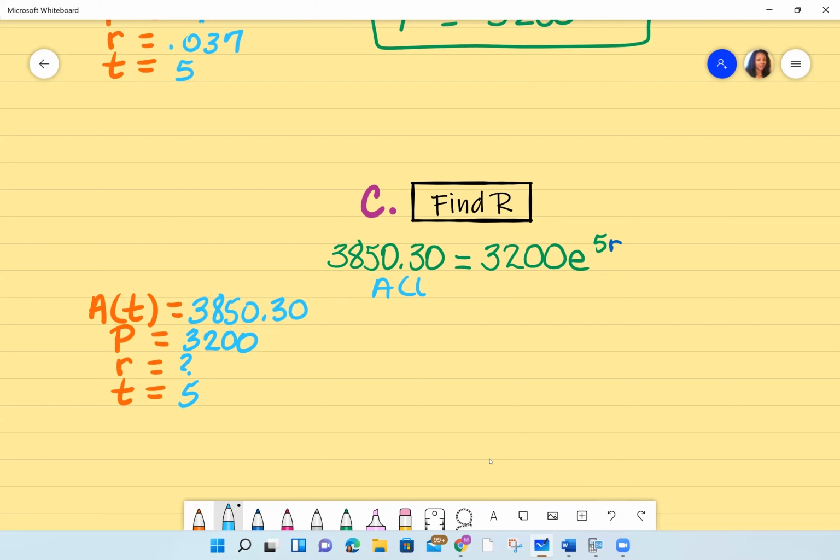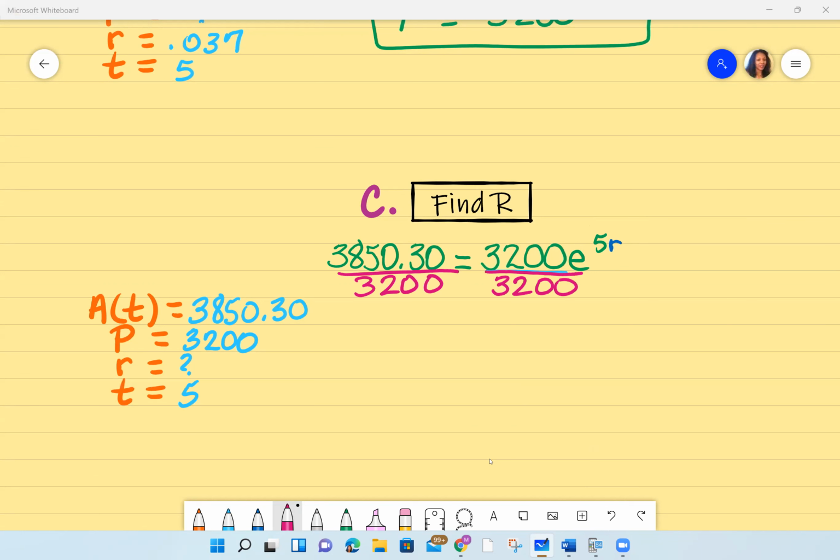So what I want to do now, let me just erase that, is go to what is stopping my exponent this time, since that's where my variable is, from being by itself. And what's stopping it from being by itself is this 3,200. So I'm going to divide both sides by 3,200.